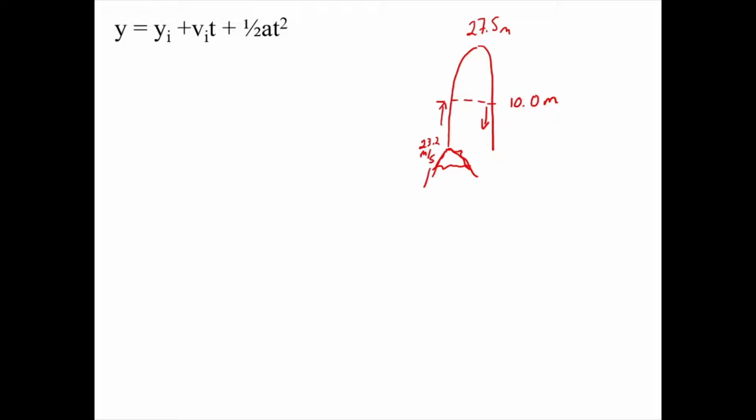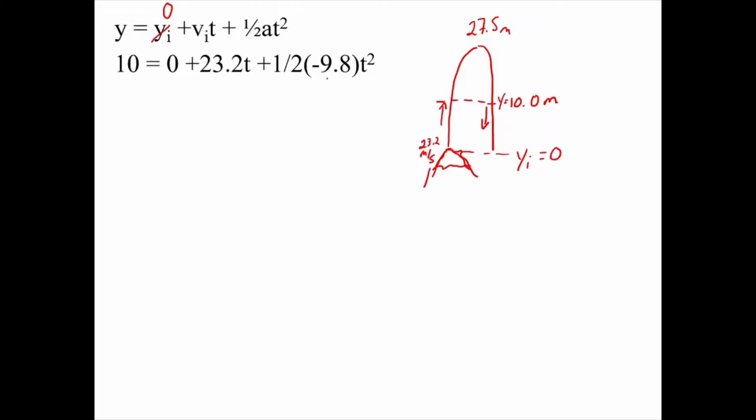Okay, well, let's use the position equation, and we'll set the top of the volcano. We'll make that y initial and make that 0, because at least that'll cancel for us. 10 is y final. We want to know when is it at 10 meters. But it had an initial speed.